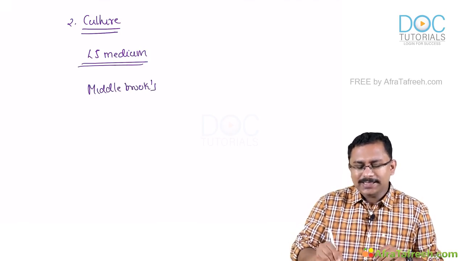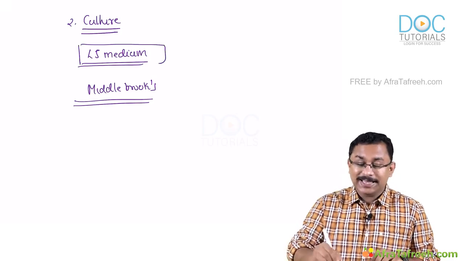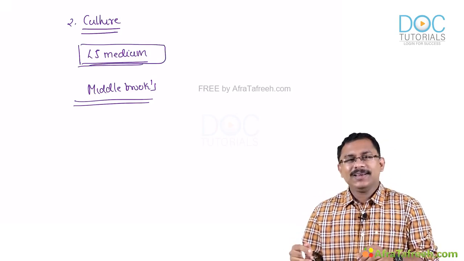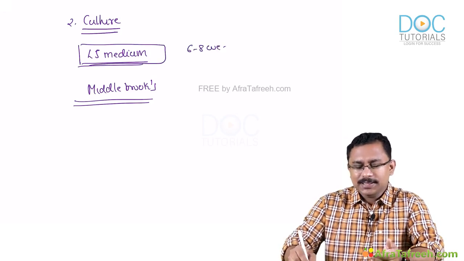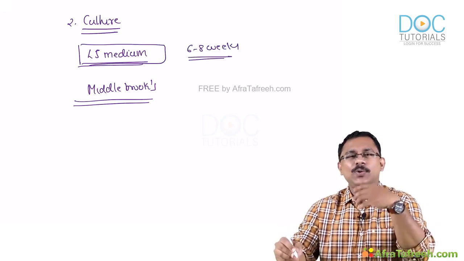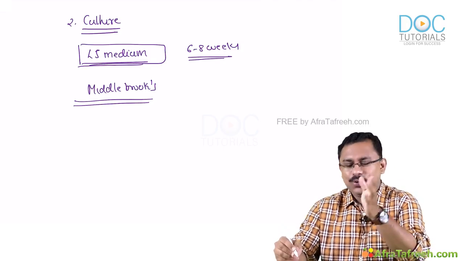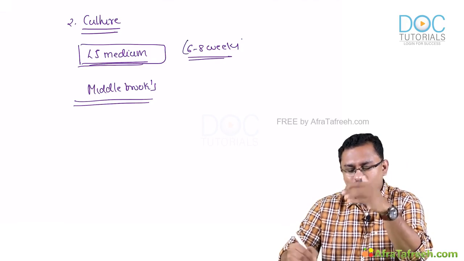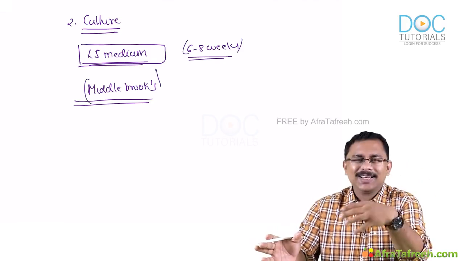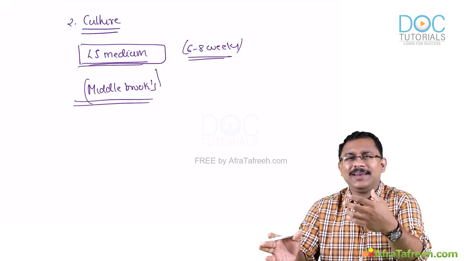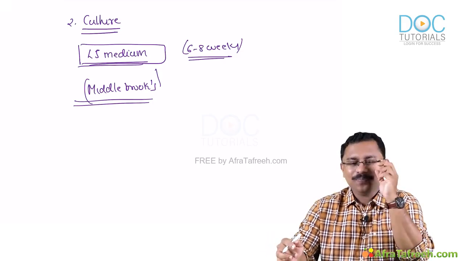So you have various traditional culture methods, but the problem with this LJ medium especially is that it would take time, almost up to 6 to 8 weeks. So suppose you give your sputum sample and wait for 6 to 8 weeks, that is not advised. Middlebrook is slightly faster, but again with the conventional culture medium, the problem is the time that it takes for a result to come.